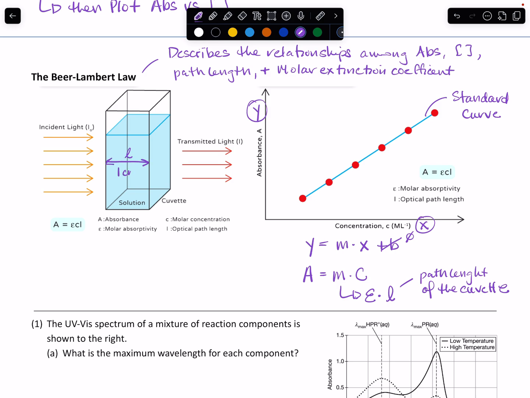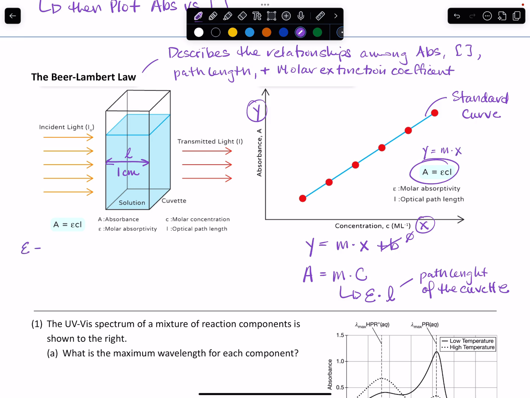Now most cuvettes that we use in the lab are going to be 1 centimeter, which makes it super easy when you talk about that slope because you just take the one out. Which means the slope really is equal to your molar extinction coefficient. And that is Beer's law right here. Absorbance, which is y, is equal to epsilon times L, which is your slope, times the concentration of your substance.